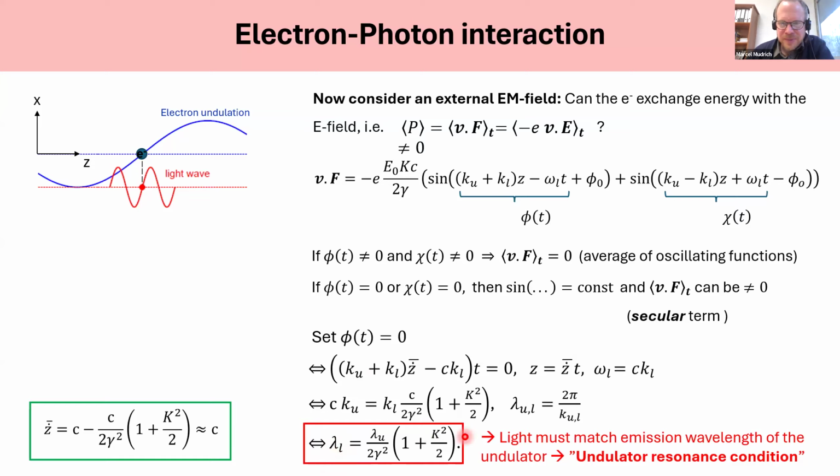So this means the light wavelength, in order to couple to the electrons, has to have exactly the same wavelength as the undulator light that is emitted by the same electrons. Or in other words, if we want to get this SASE mode of operation to be active, like a constructive or amplifying interaction of the undulator radiation with the electron bunches, then for sure the wavelength has to always fulfill this resonance condition.